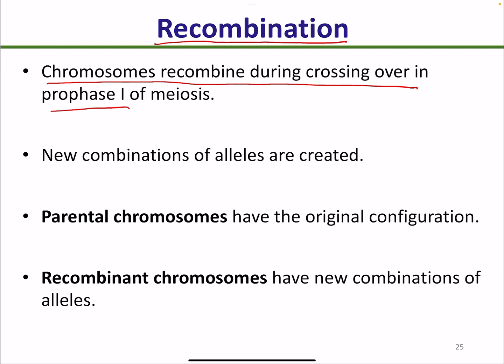These new recombinations are going to cause some chances of gametes that do not look like either of the parents, but are actually a mix of both parents, so that a dihybrid parent is going to produce some parental chromosomes and recombinant chromosomes, right?